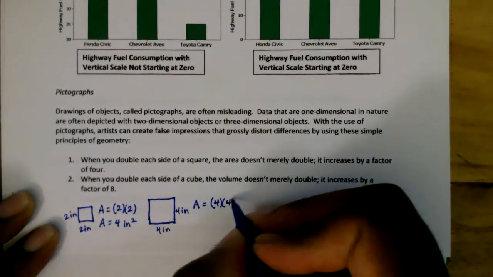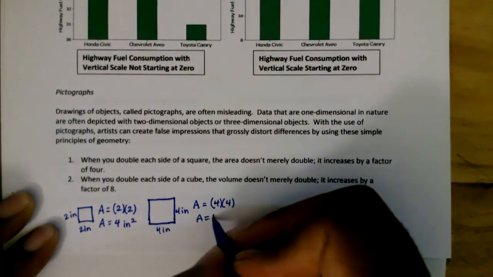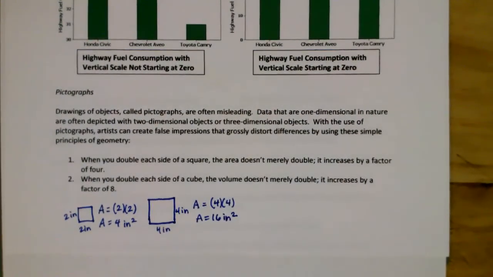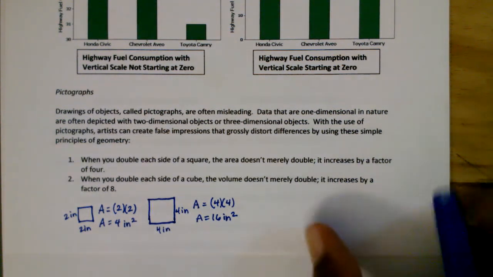This is going to be 4 times 4, which makes that 16 square inches. So here the area does not double. It actually increased by a factor of 4. The area has multiplied by 4. It does not double. Okay. So do be aware of that.